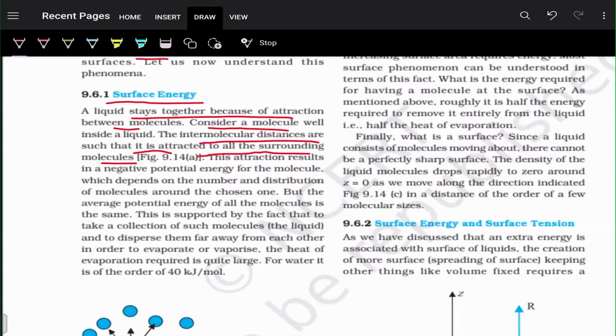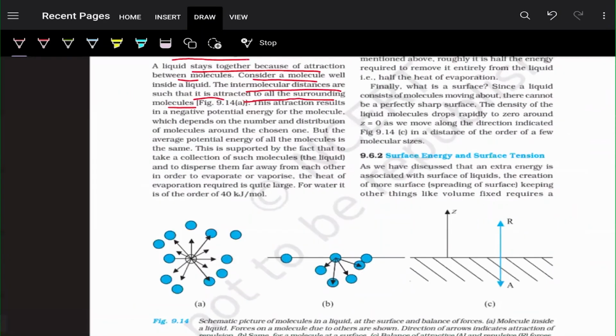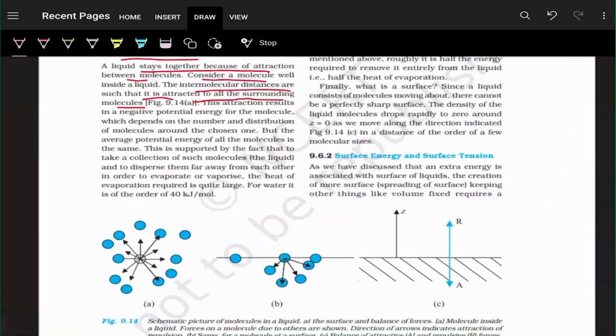Look at this figure 9.14. This is a molecule inside a liquid, and the intermolecular distances are such that it is attracted to all the surrounding molecules. So it has attraction with all the molecules surrounding it.